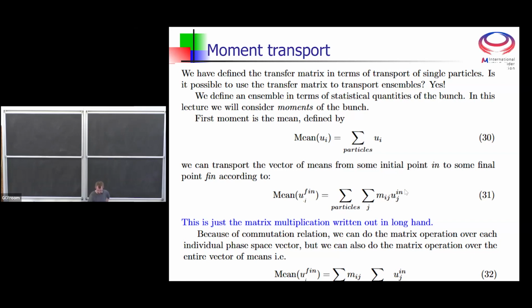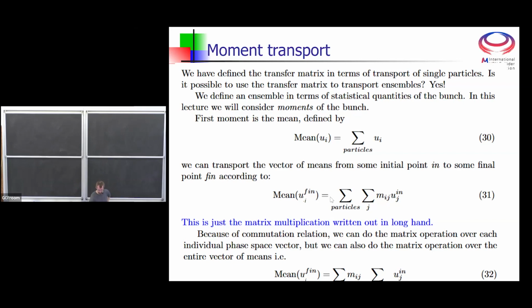So what I've done here is I've just written out in longhand the matrix multiplication equation, and then the trick which I'm going to do is, because multiplication is commutative, you can move this thing outside of the sum over all particles. There's no particle index on this. This is, let's say, the position or the momentum. So every particle has a different position and momentum, but every particle has the same transfer matrix element.